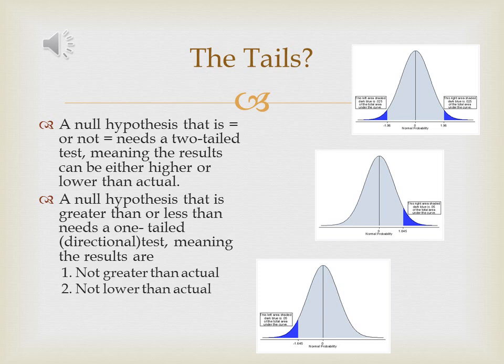But what's this one-tailed versus two-tailed test? Think of it this way. If you have a null hypothesis that is either an equal to or not equal to, then that null hypothesis is going to require a two-tailed test, because the results can either be higher or lower than the actual.